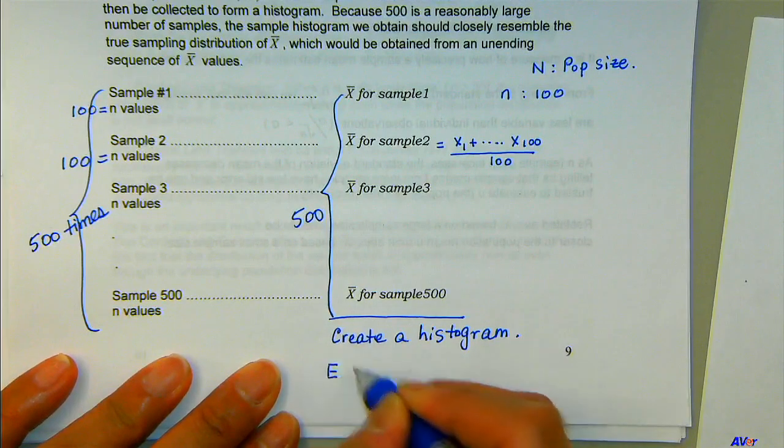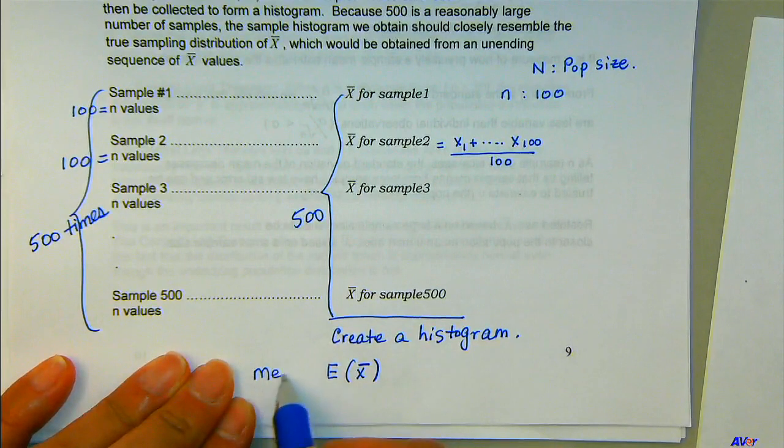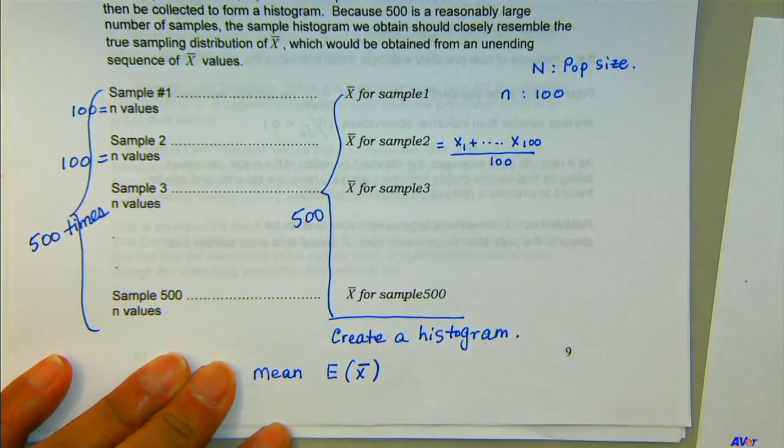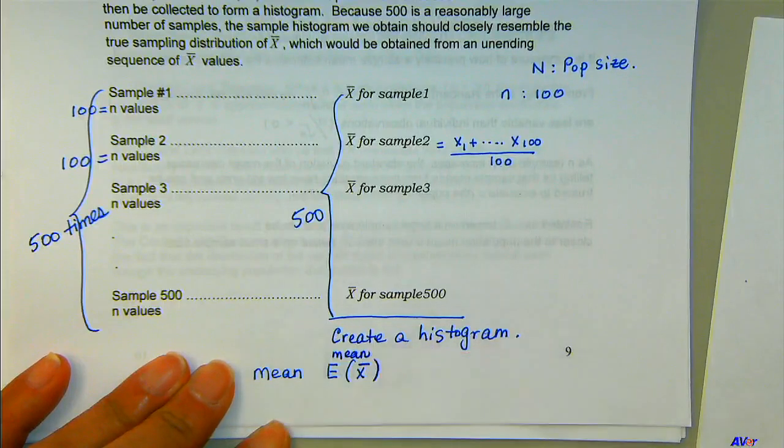E of X bar, which is the mean of this histogram. Why am I calling it E of X bar? Because the capital letter E stands for expected value, which is another way of saying mean. So this is the mean of all the X bars.